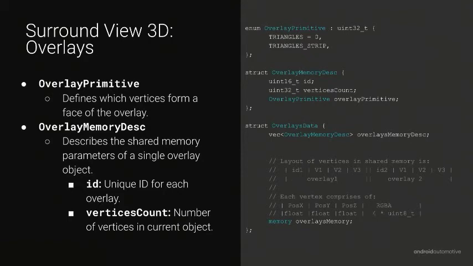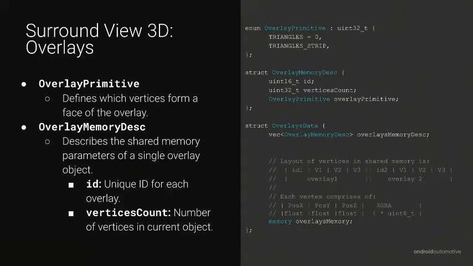The next struct there is the overlay memory descriptor. This describes how that overlay is being set within the shared memory that the application is going to forward to the surround view implementation. So the overlays being large in size, the application sets them to a shared memory and provides this to the surround view implementation.